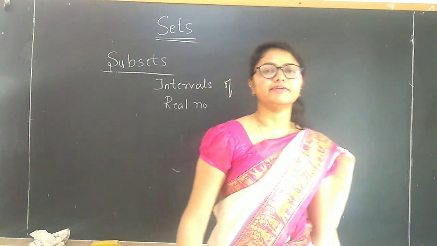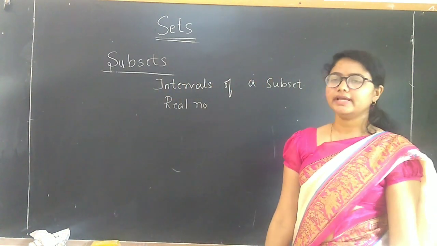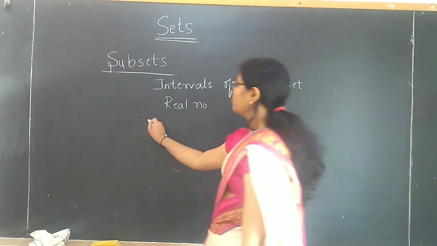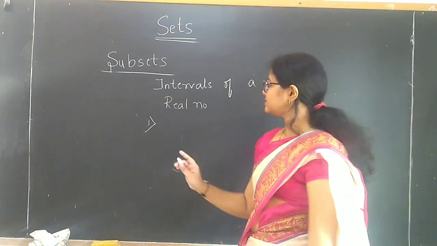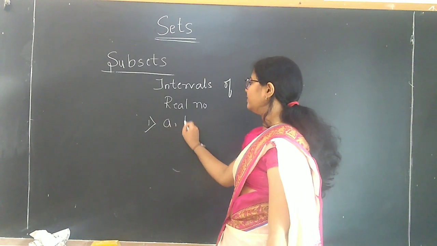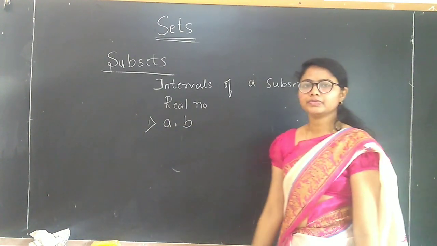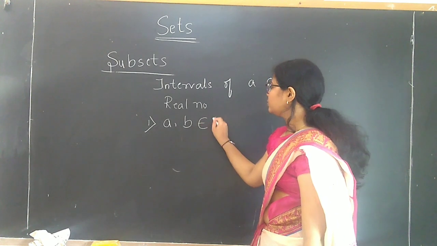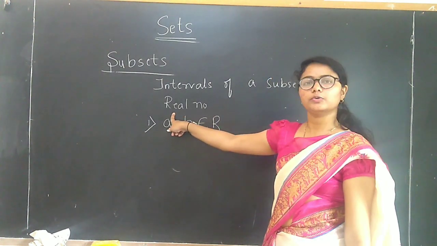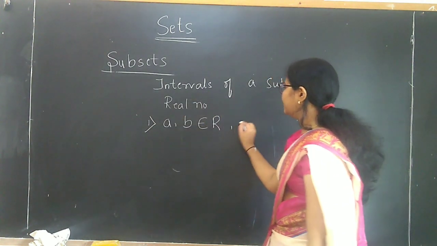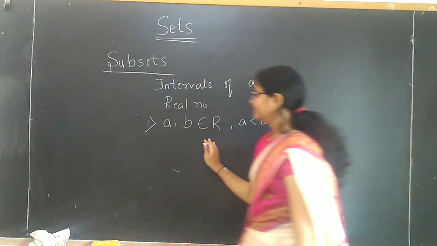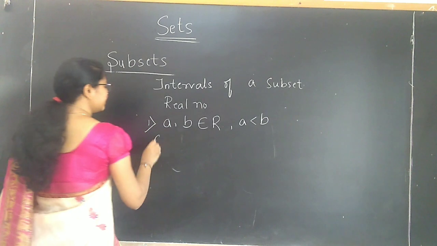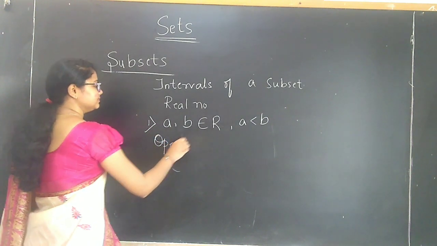One is open interval, the other one is closed interval. First, let me tell you what is open interval. To define it as an open interval, you have to take two elements A and B. These A and B should belong to real numbers and A should be less than B. Then we call it an open interval.